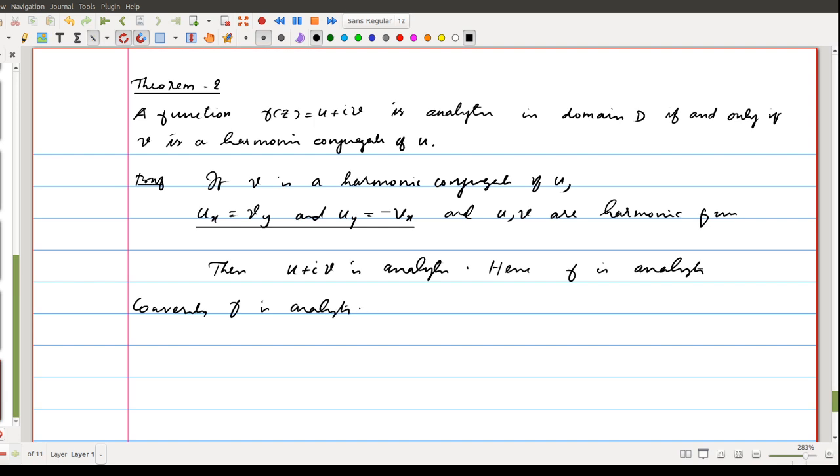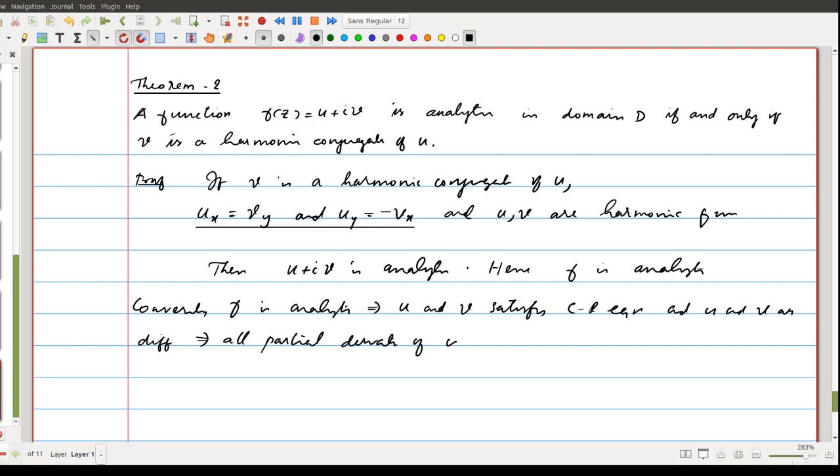Then f being analytic implies u and v satisfy the CR equations, and u and v are differentiable, which implies all partial derivatives of u and v exist and are continuous.